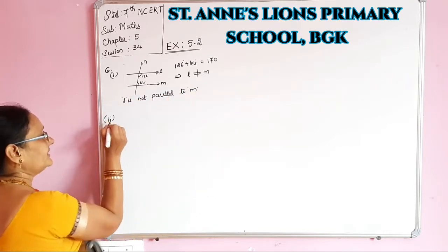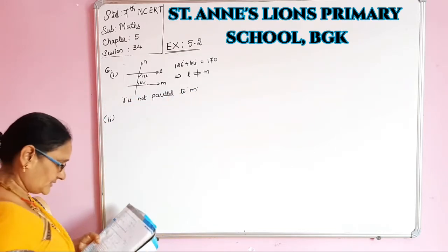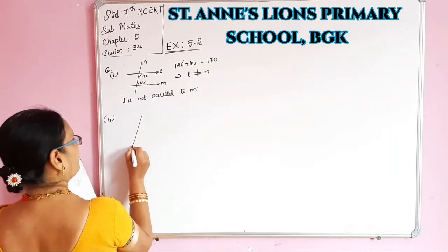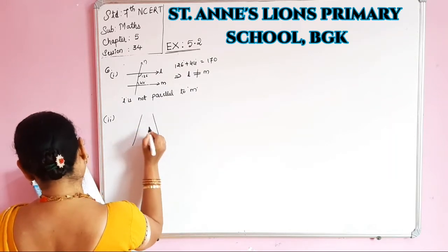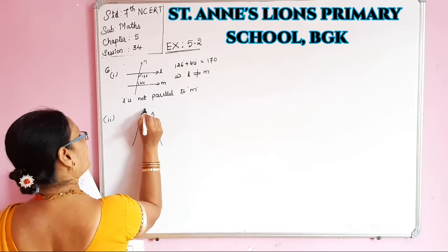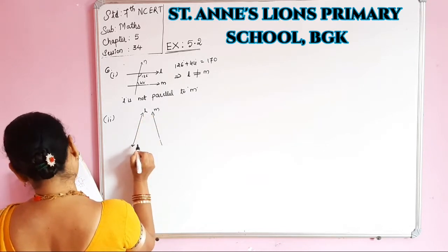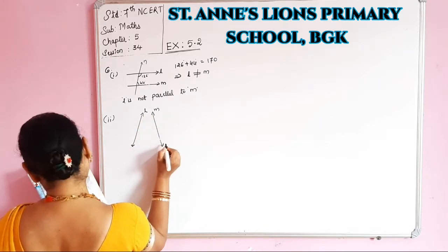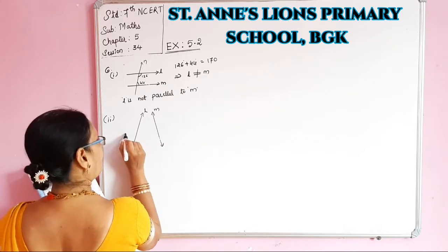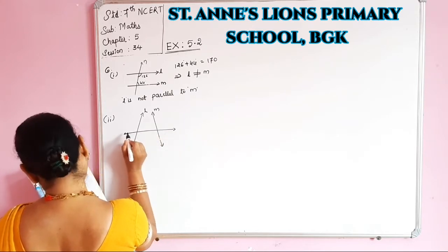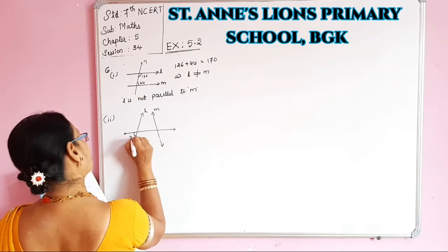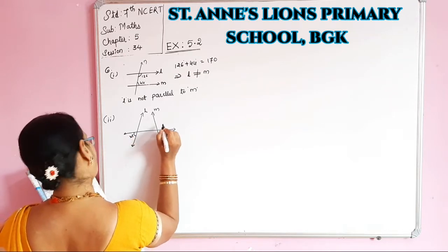The same way, the second one we'll see. See the figure, they are not at all parallel. In the figure they are not parallel, but according to the given angles, if they are parallel we have to write that only.